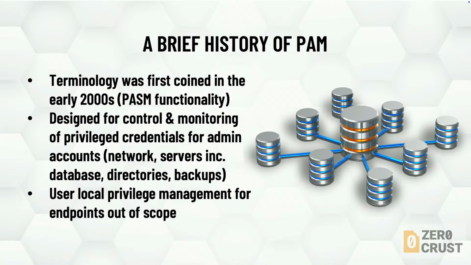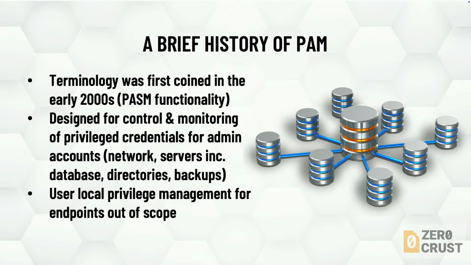So you would need to get yourself a privileged account, and to do that, you would need to have that account rotated, and you'd have to go and fetch that from a PAM solution. Okay, that was deemed at the time the most important thing. You didn't want anyone getting access to the magic key to all your stuff. So you need to make sure that your privileged accounts were all properly managed.